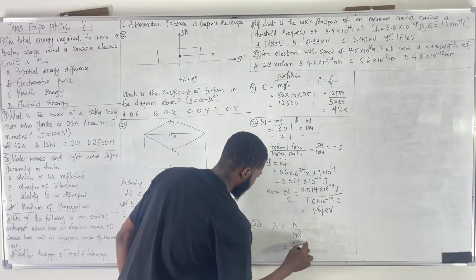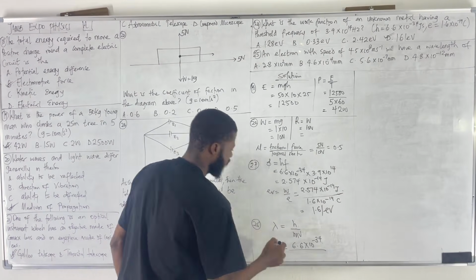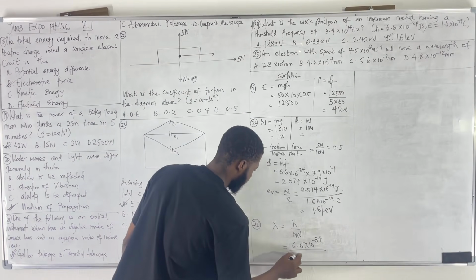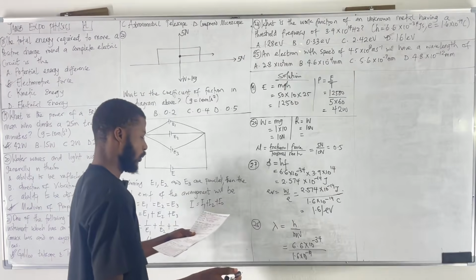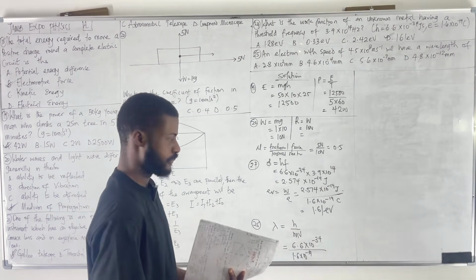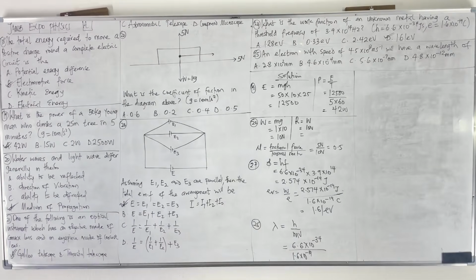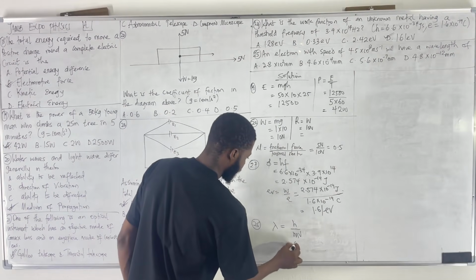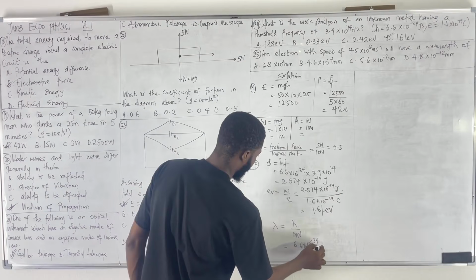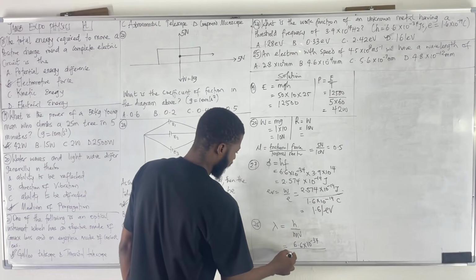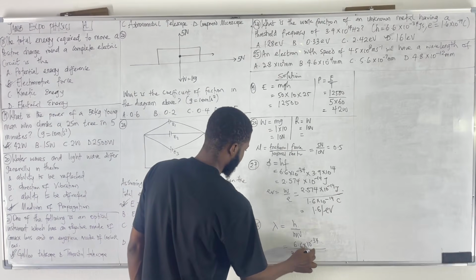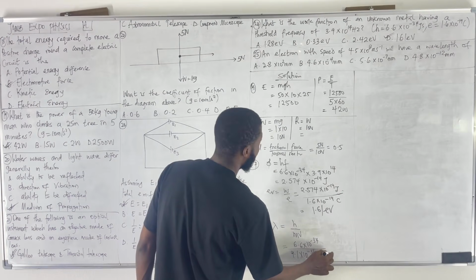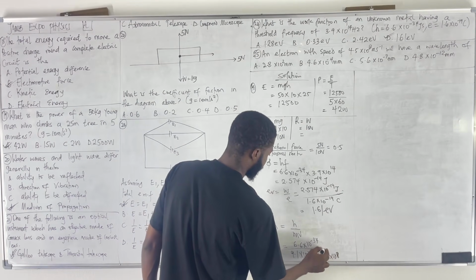So this will be 6.6 times 10 to the negative 34 divided by m, which is the mass. It's an electron, so the mass of an electron is 9.1 times 10 to the negative 31. The velocity is 4.5 times 10 to the power of 8.